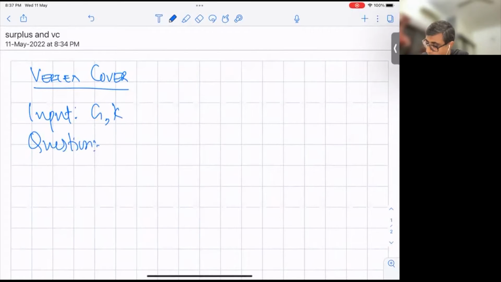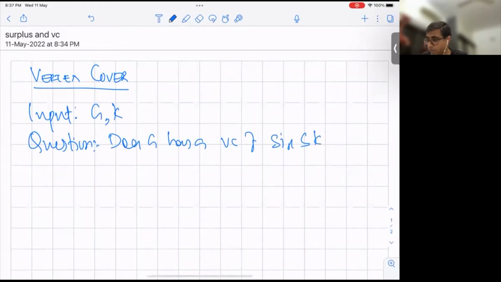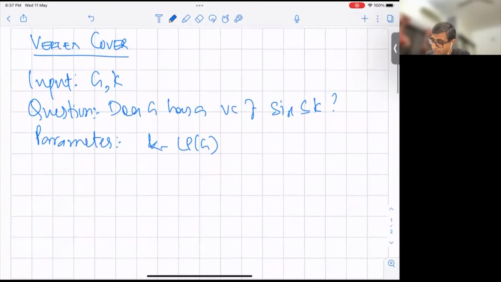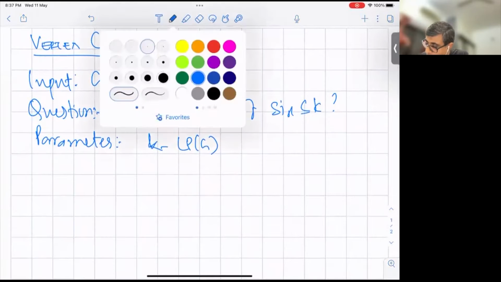The question was, does G have a vertex cover of size at most k? But the parameter we were thinking about was k minus LP of G, that is, k minus the value of LP of G. And we had this nice algorithm.